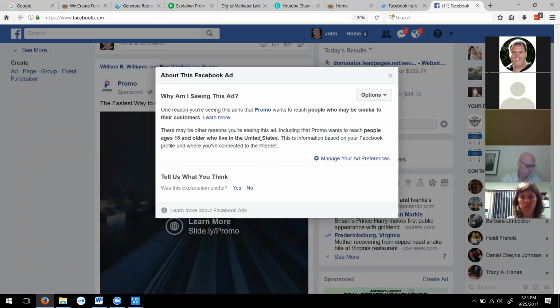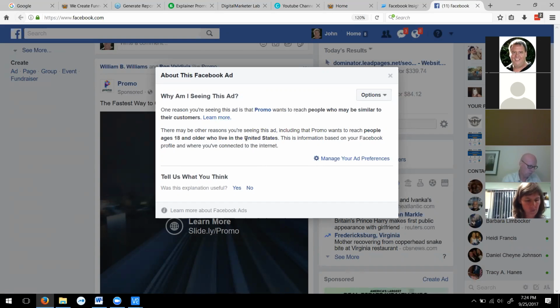But you might get one of these ads that says you've expressed an interest in real estate. That's why you're seeing this ad. So that tells you that you can go into Facebook and create an audience based on people interested in real estate. This is a little insight into who one of these advertisers is targeting.